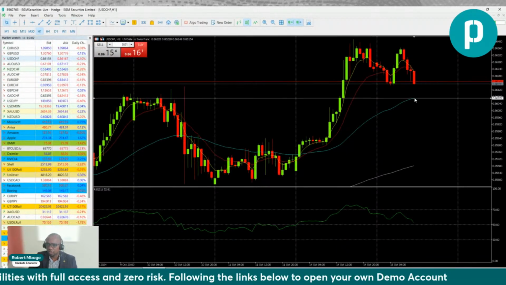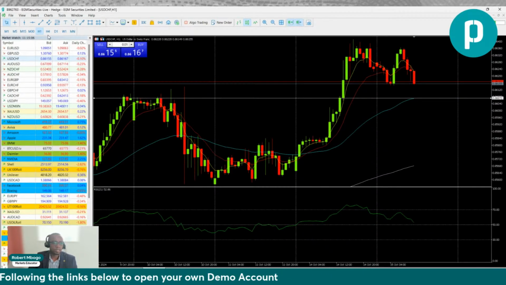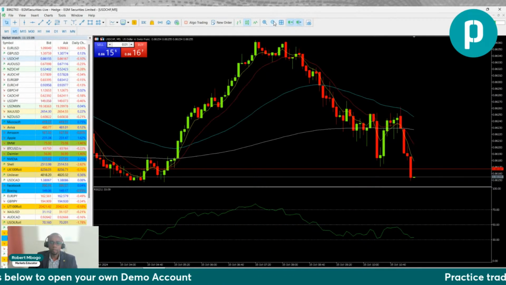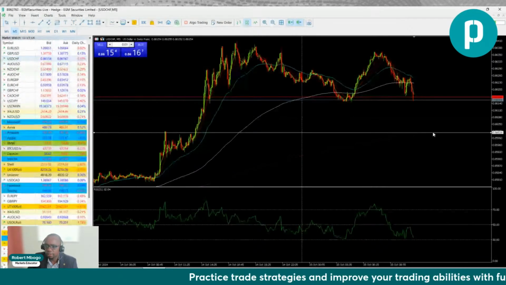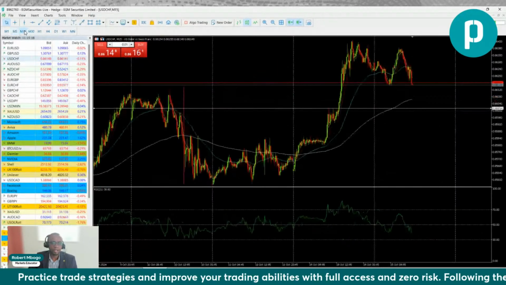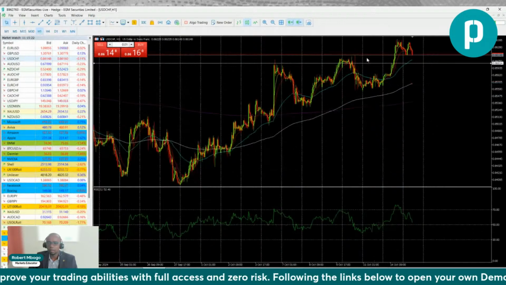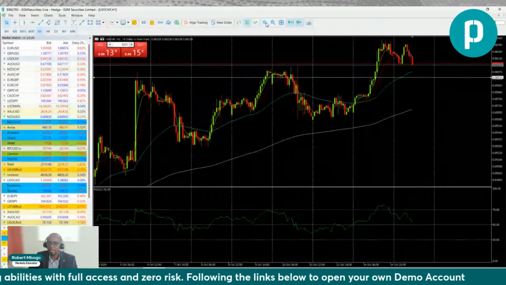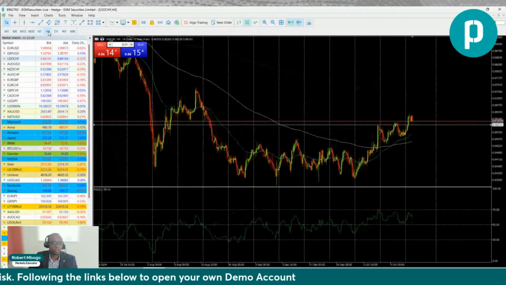Maybe to this moving average over here. Alternatively, we could see USDCHF drop to 86.01. So actually that's an area I would want to see USDCHF come to. That will probably act as an area of support before the continuation of a bullish push.